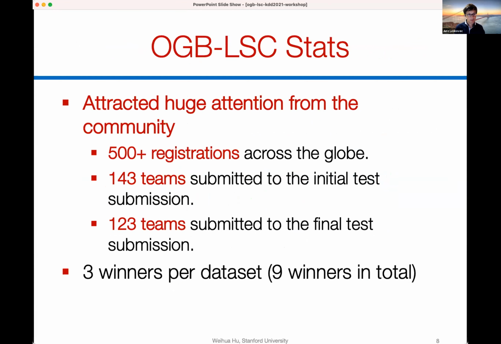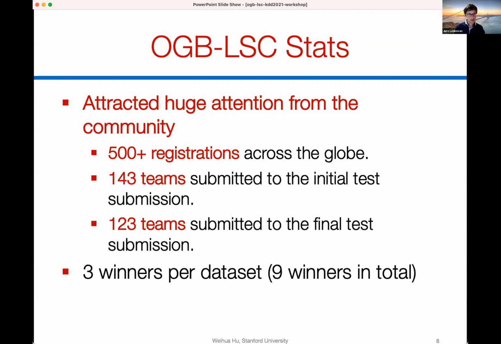We had over 500 different teams register to participate. 140 of them actually submitted some submission. They actually downloaded the data set, ran their code, and made a submission. And 120 of them actually submitted the final test submission and participated in the competition.